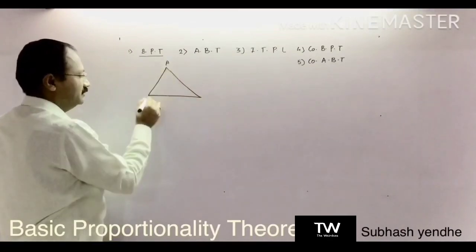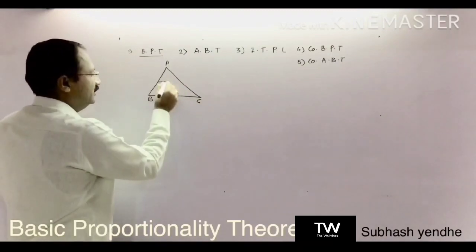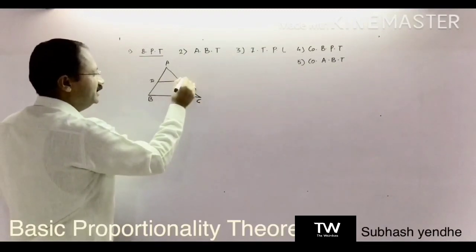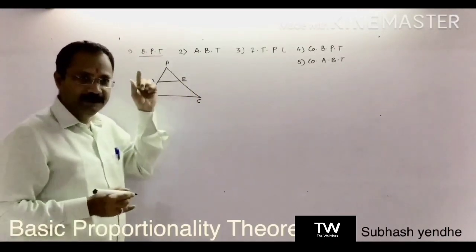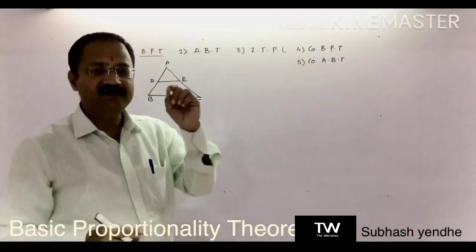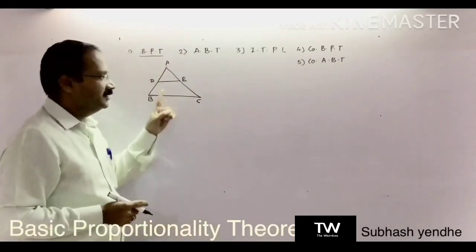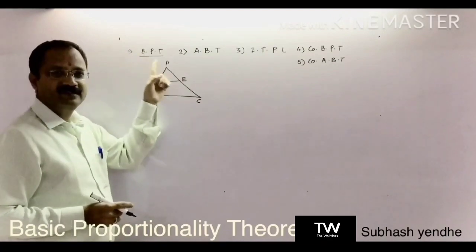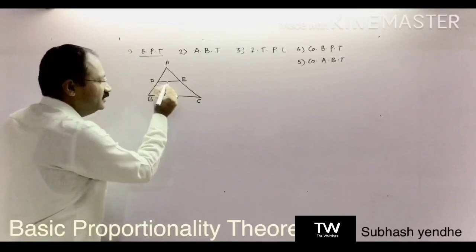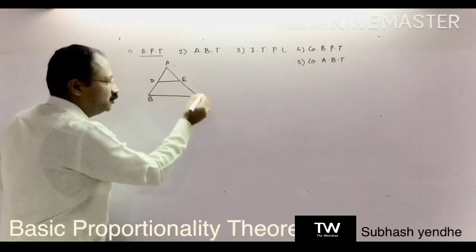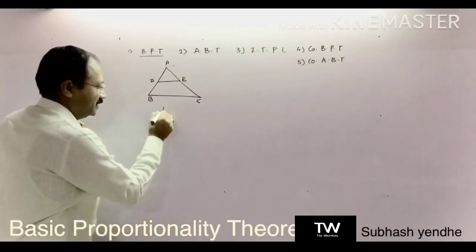See this triangle? In triangle ABC, segment DE is parallel to segment BC. If any segment is parallel in a triangle, then remember that we have to use basic proportionality theorem. It says that this line divides the two segments into two equal ratios.